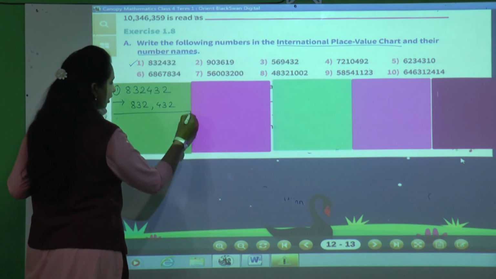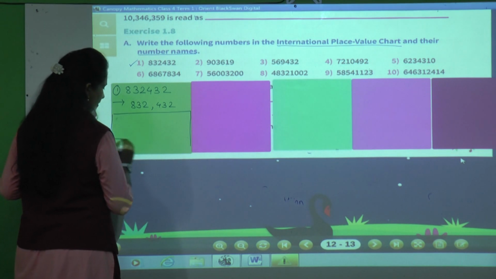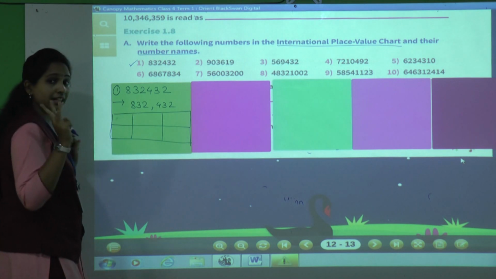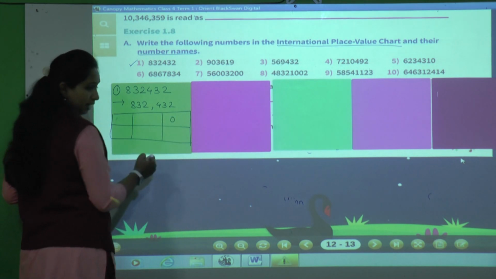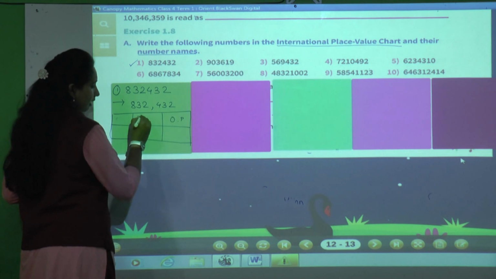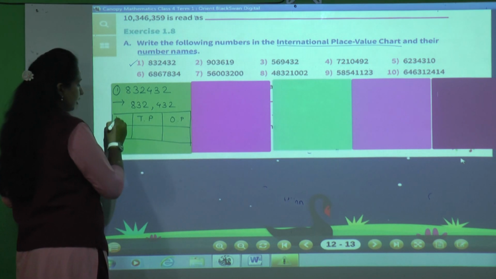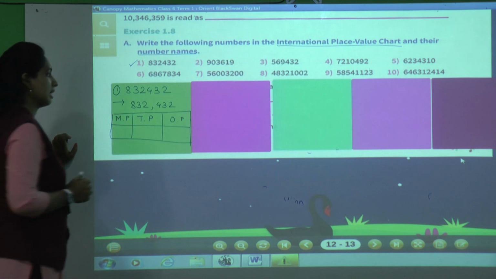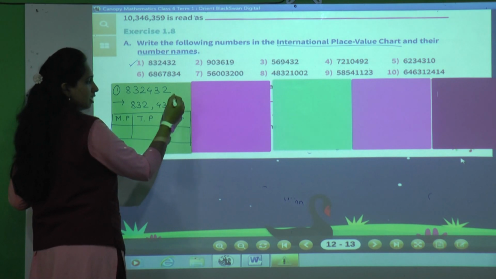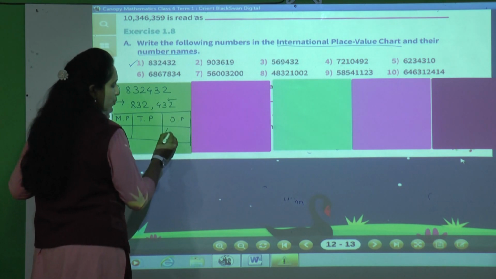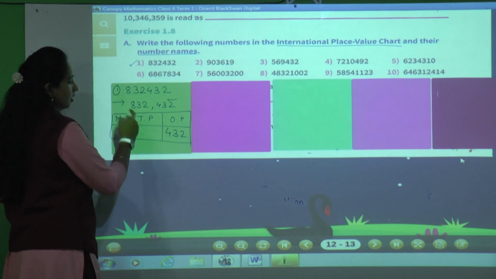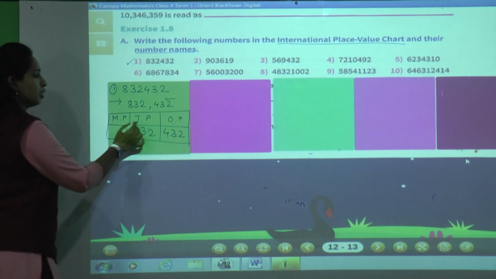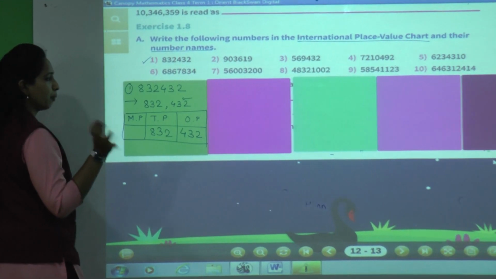See, three periods are there: first the ones period, second the thousands period, and the last the millions period. Do you remember now, students? Yes. Now place the numbers: the first 3 digits from the right side into the ones period, and the next 3 digits into the thousands period. I am writing in short, you have to write in full properly.